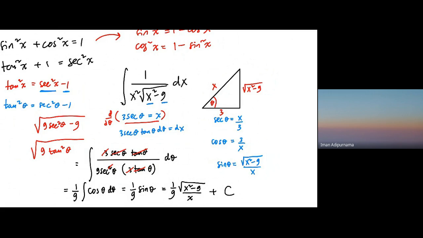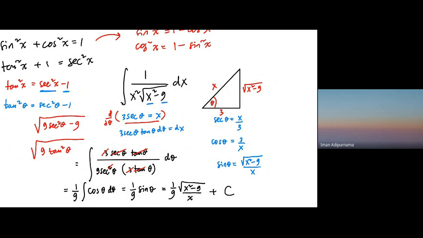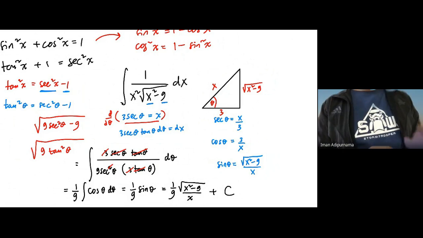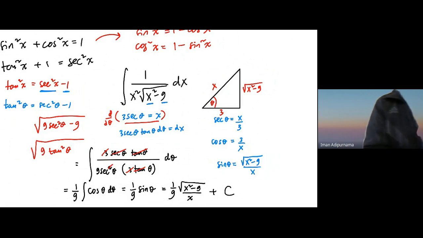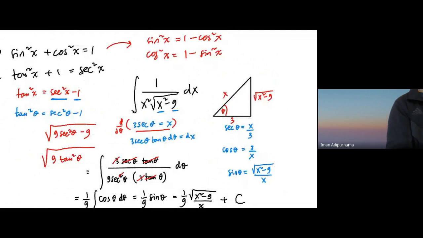Maybe integration by parts. You still cannot separate which one is u, which one is dv. Then maybe you can try this trigonometric substitution. Okay, this is case one.